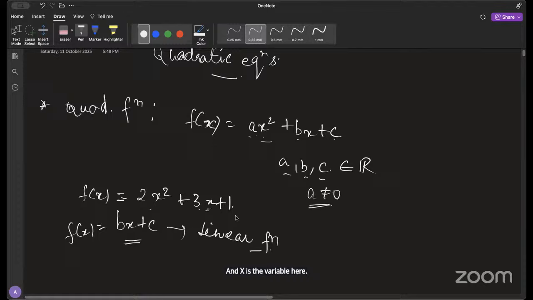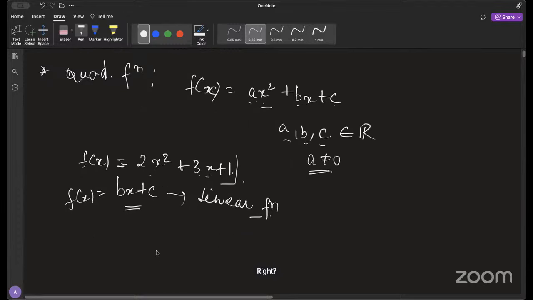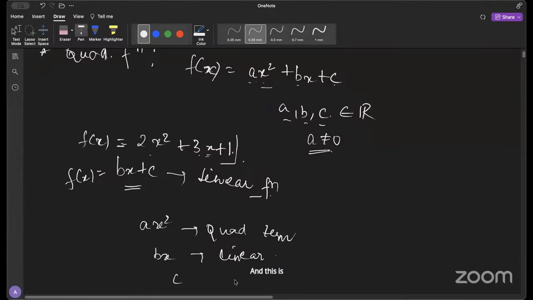So this is a quadratic function, right? This is called the quadratic term. So your ax square is the quadratic term, and this is the linear one. And this is your constant term, right?